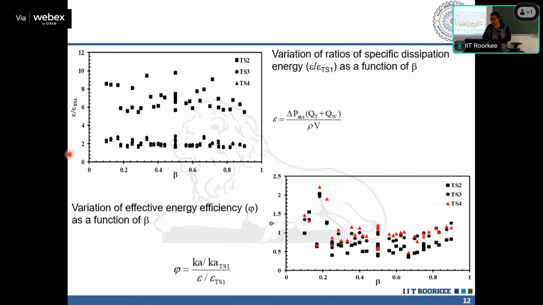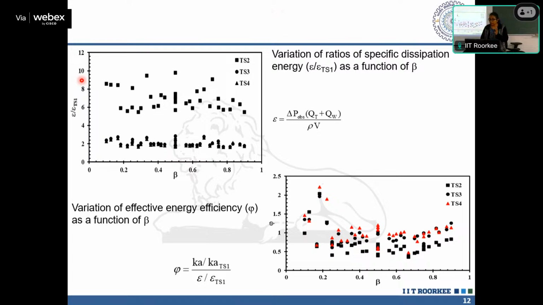We have noted the least is for the straight 2 mm geometry, right? So we have calculated this ratio: viscous dissipation for a particular test section, let's say TS2, TS3, TS4, all divided by TS1.